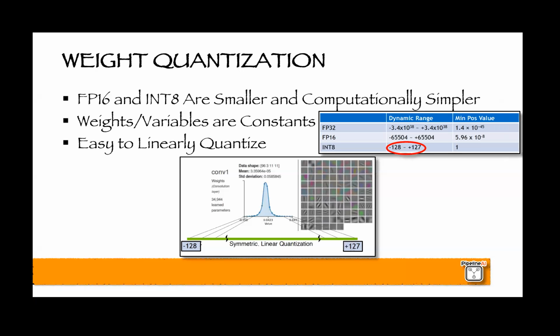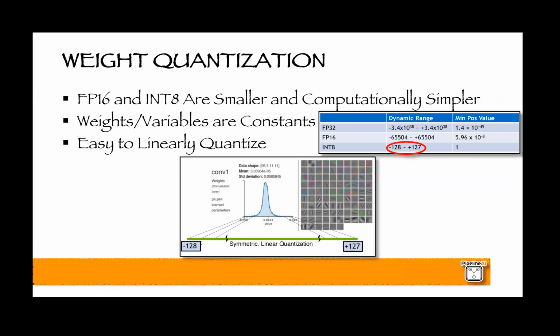So weight quantization, real quick: you've trained your model, and there's a bunch of weights. If you plot all those weights and then shrink them in, before, with floating point 32, the value of these variables can be relatively unbounded. It's a huge space, 10 to the 38, negative to positive.